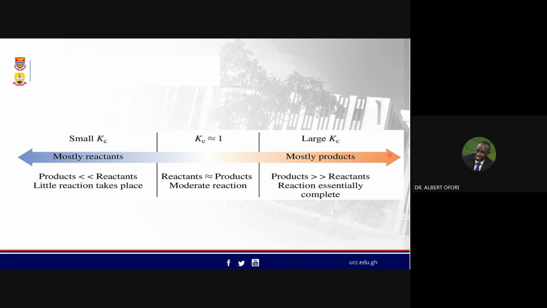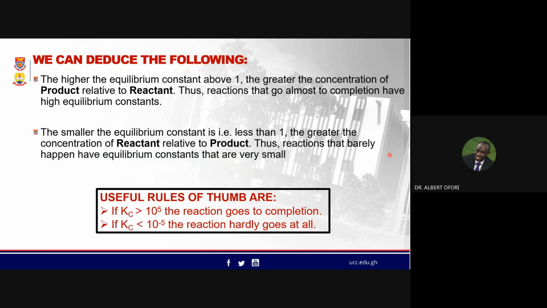Also remember this tip which I'm going to give you. We have made this deduction about what it means when it is bigger and what it means when it is smaller. But remember this: when it is greater than 1, the reaction goes to completion.